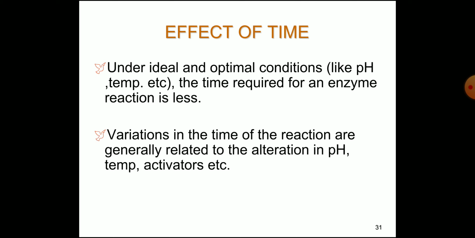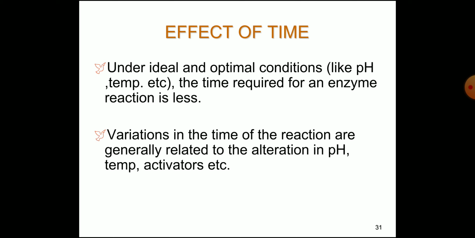Now, effect of time. What is the effect of time on the enzyme velocity? Under ideal and optimal conditions like pH and temperature, that is, if the pH and the temperature are optimum for an enzyme, in these conditions the time required for the reaction is less.